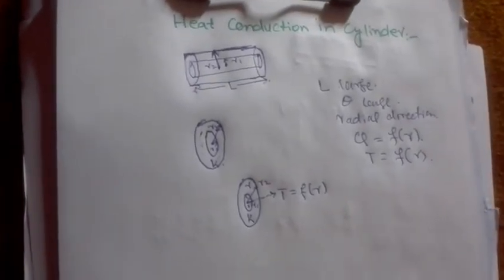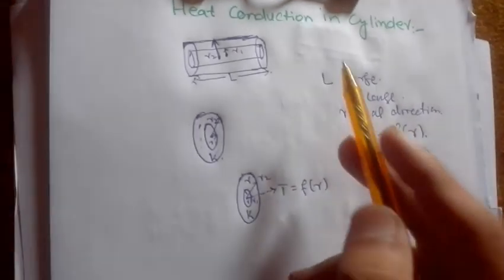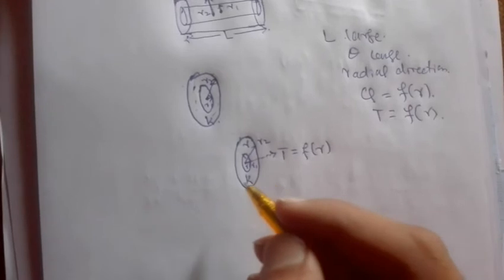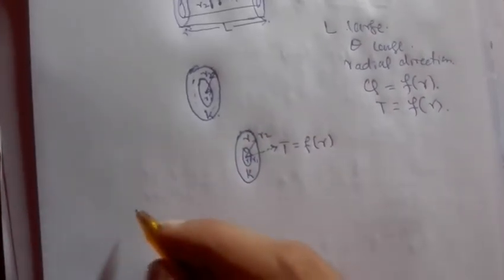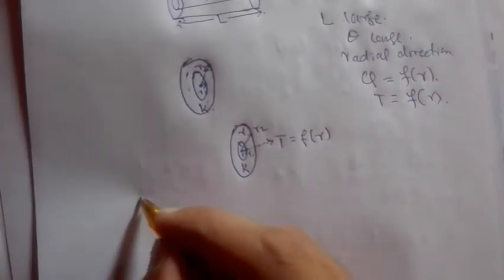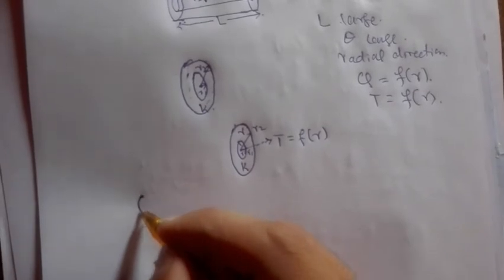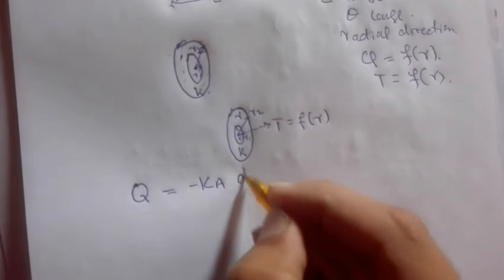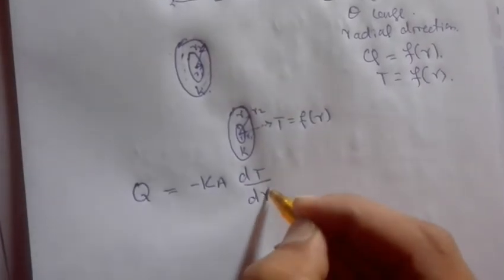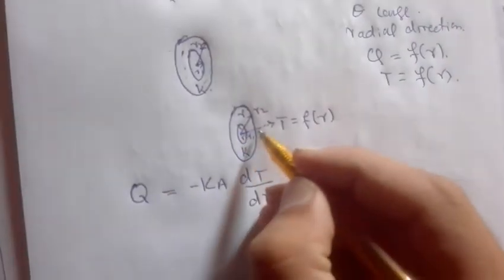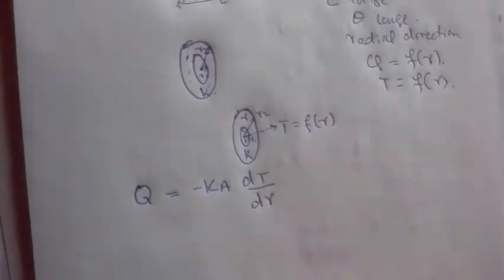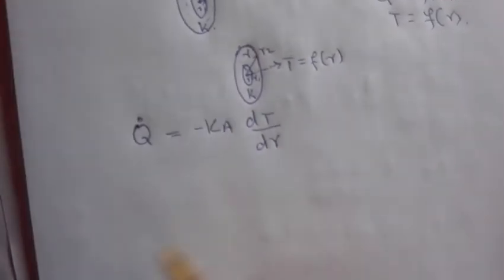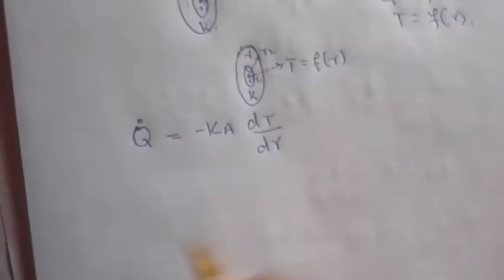So from Fourier law, now we will define how heat changes in the radial direction, and what is the resistance to heat transfer in the cylinder. We know the heat transfer is only in one direction. From Fourier law, Q is equal to minus KA dT by dr, as temperature only changes in the R direction. This is the heat rate, its unit is watt.